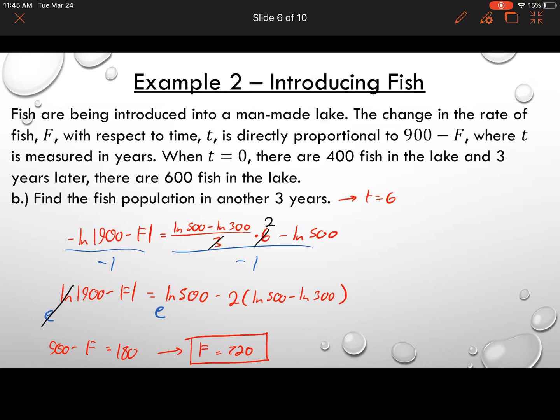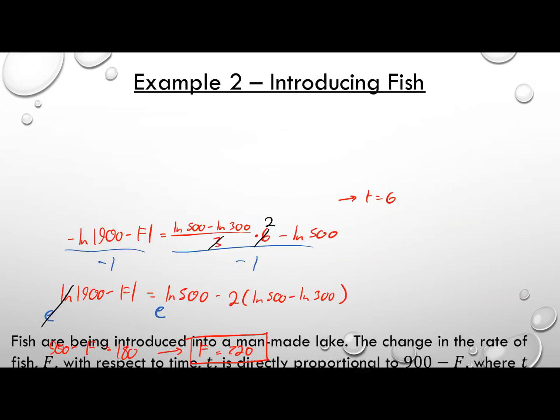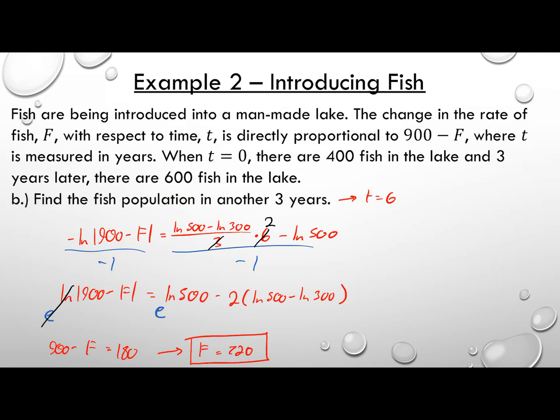I'm pretty sure this would have looked a lot nicer had we, in part A, solved for f. Had you solved this equation for f by just getting f by itself, it probably would have made B look a little bit nicer.